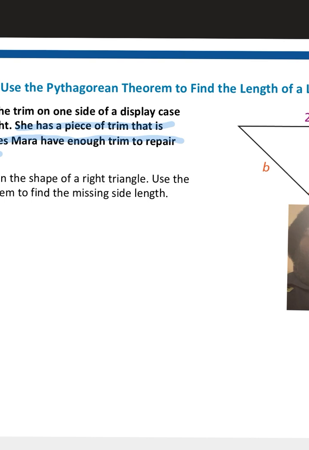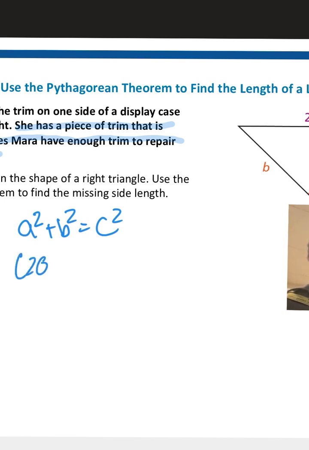So we know that A squared plus B squared equals C squared. And in this case, we're given A, which is 20. We don't know B, and we know C, which is 29.